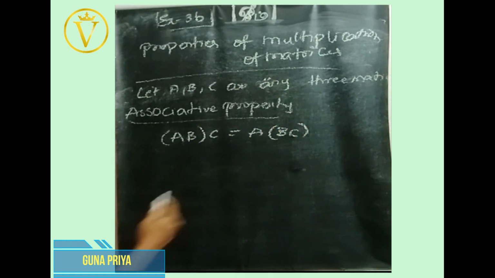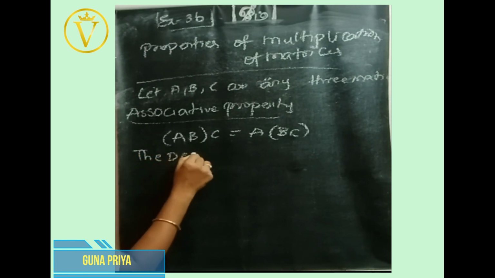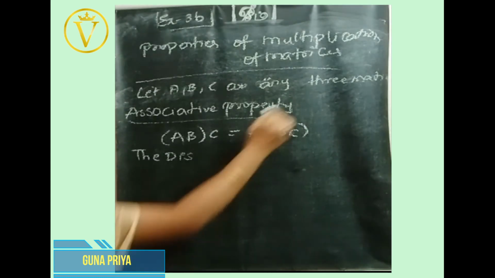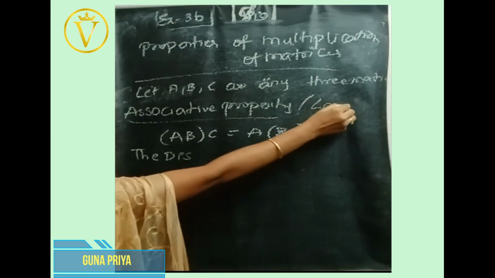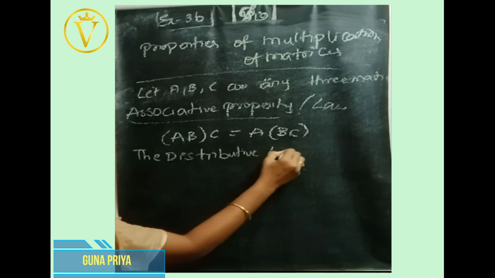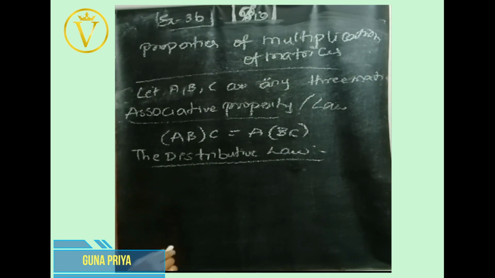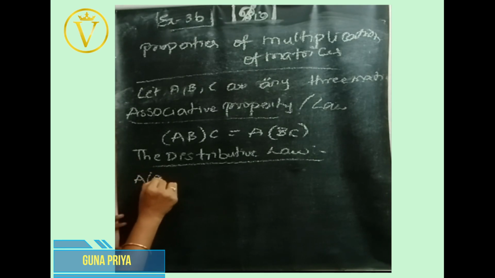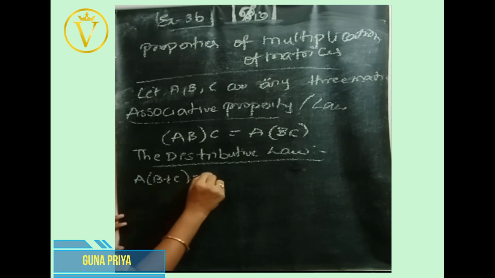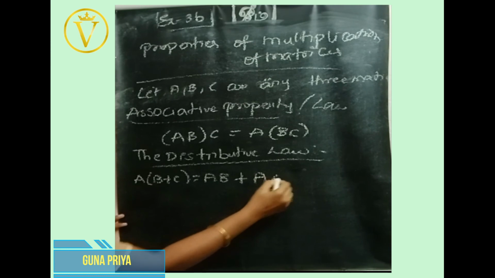This is the associative property. Next, the distributive law. For this, there is a left distributive law and a right distributive law. So first, A of B plus C equals AB plus AC.